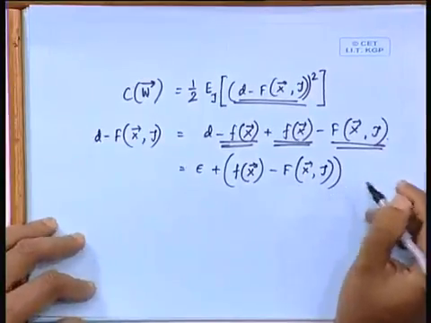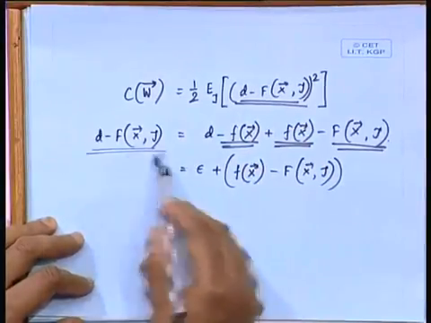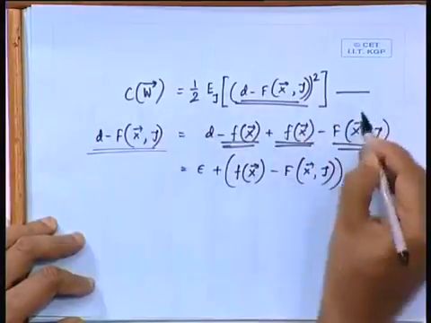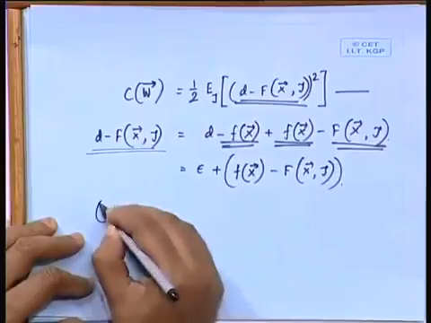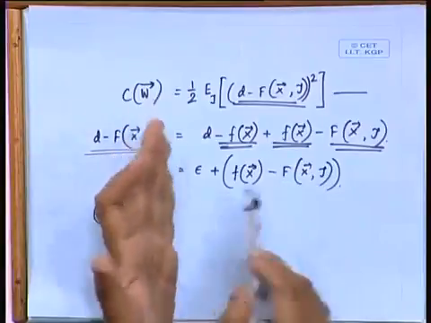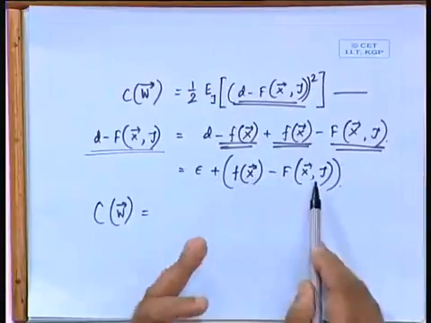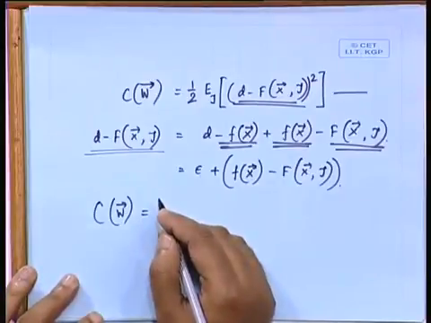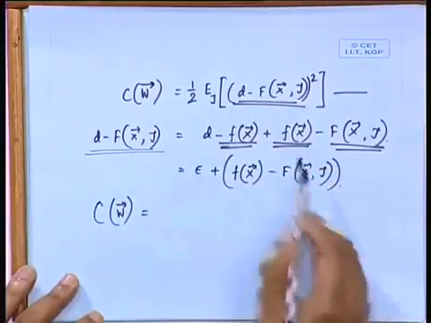All right. Now if I substitute this expression, instead of d minus F(x, T), into the expression for C(w), what do we get? Instead of d minus F we write epsilon plus f(x) minus F(x, T), and that leads to many quantities, in fact this plus this whole squared.